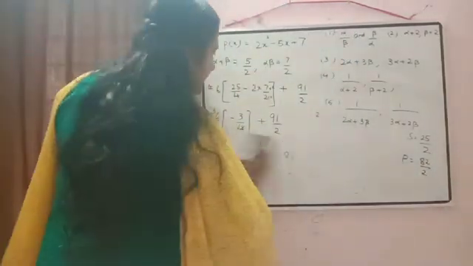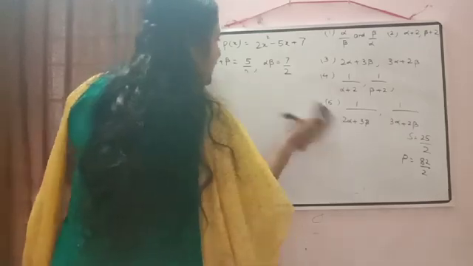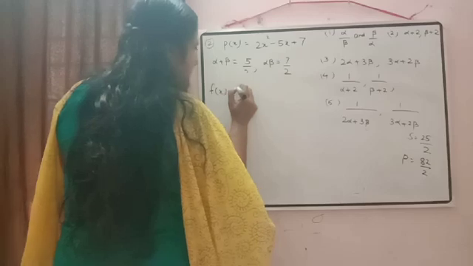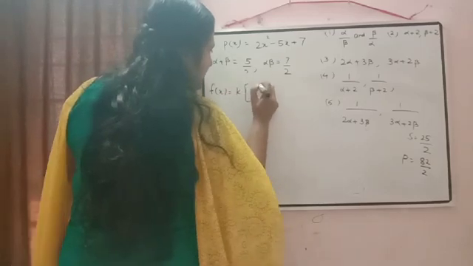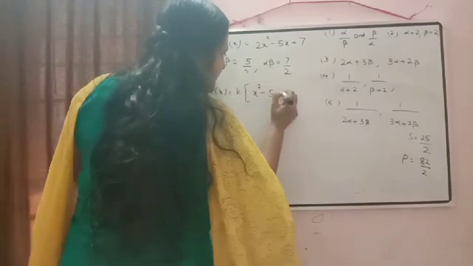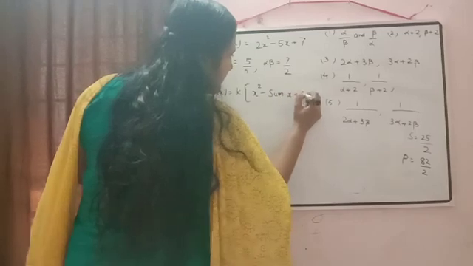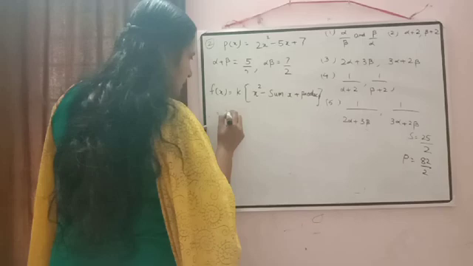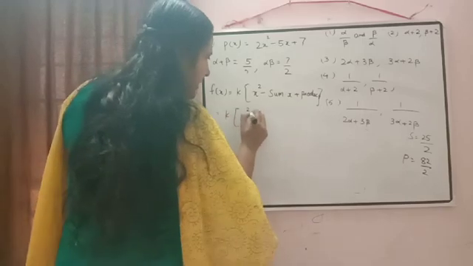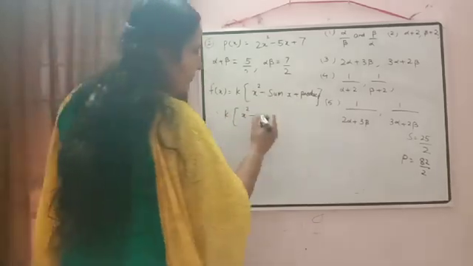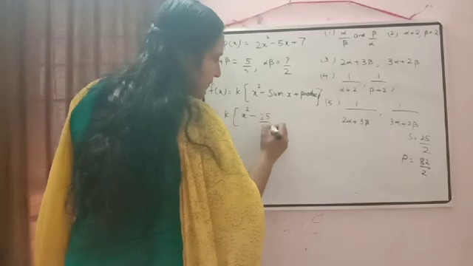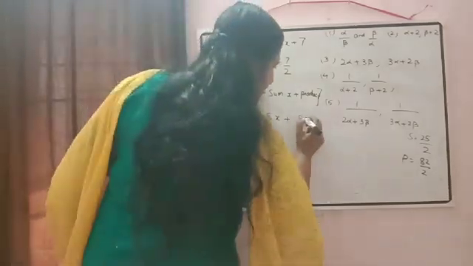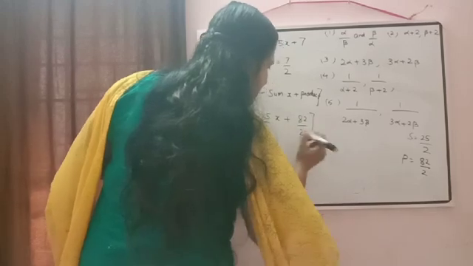Now write down the required polynomial f of x is equal to k into x square minus sum of the zeros into x plus product of the zeros. So k into x square minus sum, already we have calculated, that is 25 by 2 into x plus product, also calculated, that is equal to 82 by 2.